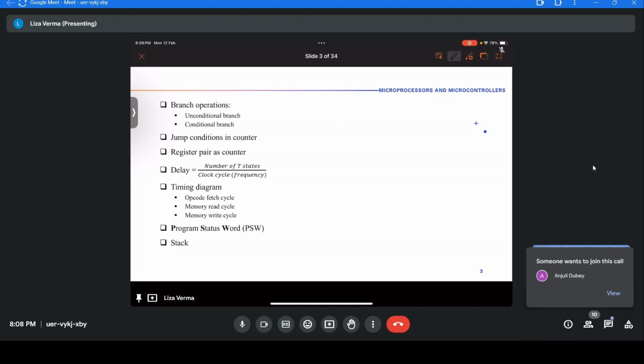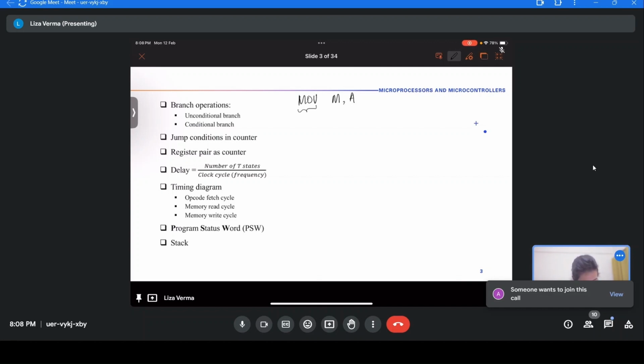So let's do an example of memory write: MOV M, A, and the corresponding code for this is 77H.